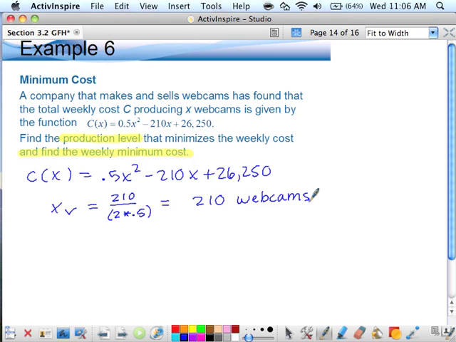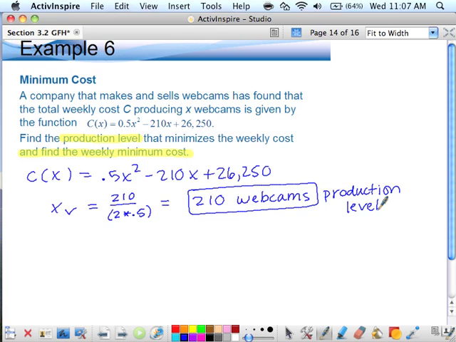That's your production level. That's how many you have to produce. 210 webcams answers the question of what production level we should work at to give us minimum cost. I want to know what will cost me the least to make. Okay, that answers the first question.